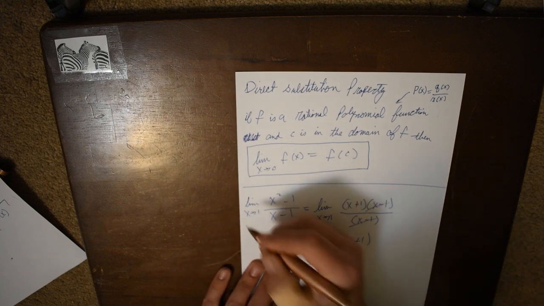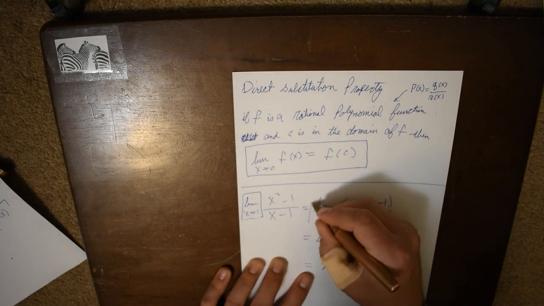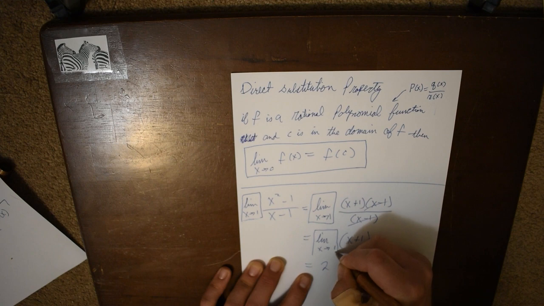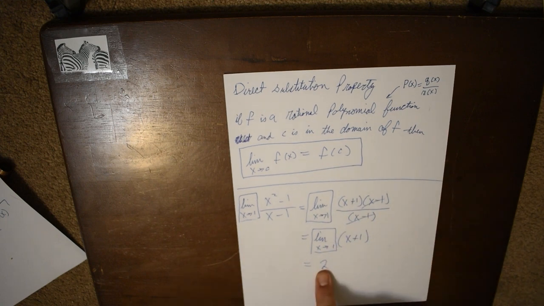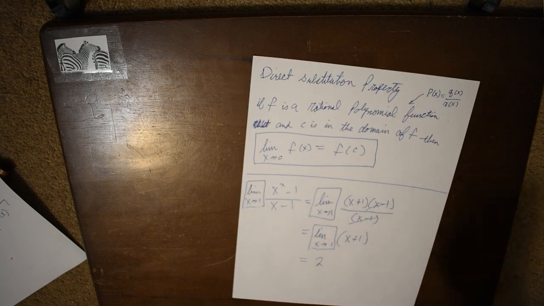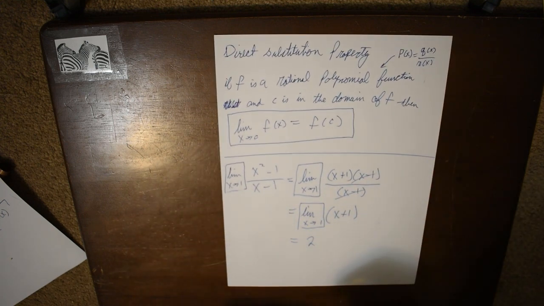Another note, notice how I wrote the limit at every step. You have to write the limit at every step until you evaluate the limit. The limit is kind of like a plus sign or a minus sign. It's an operation, it's a command, it's telling you to do something.